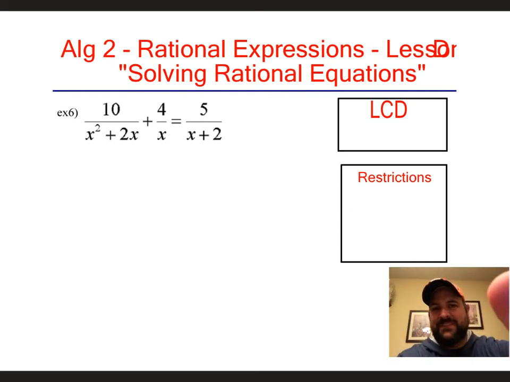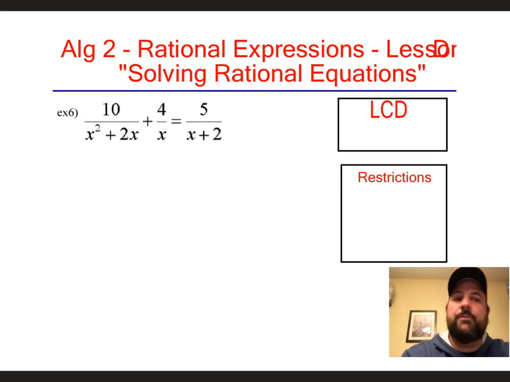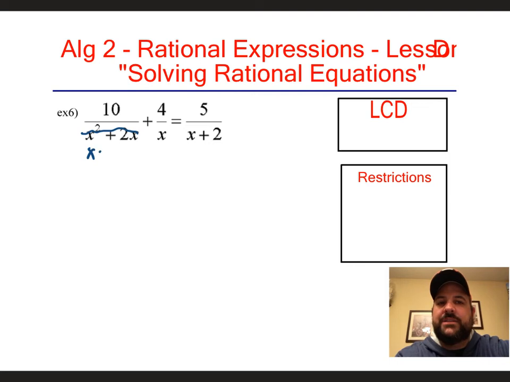What's going to happen in this case first, though, is my first expression here, 10 over x squared plus 2x. Remember that note, we want to factor the denominator first. So the reason I'm going to do that is because if I factor x squared plus 2x, this becomes x times x plus 2.